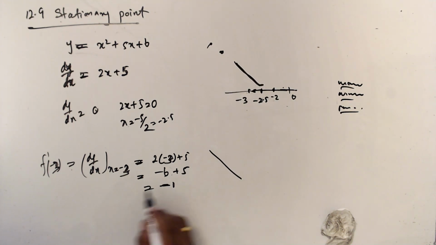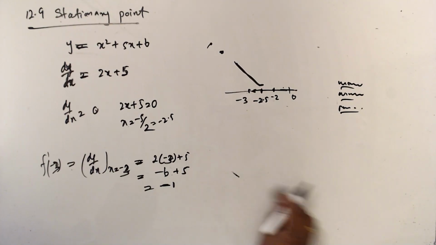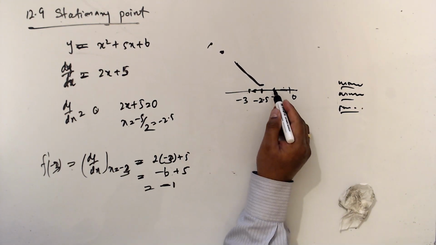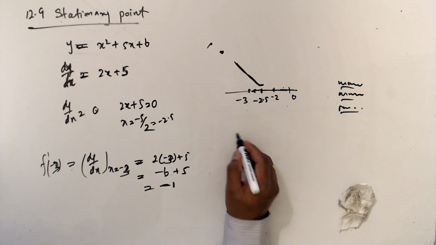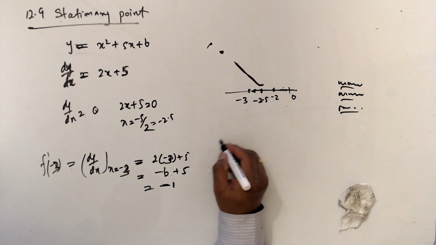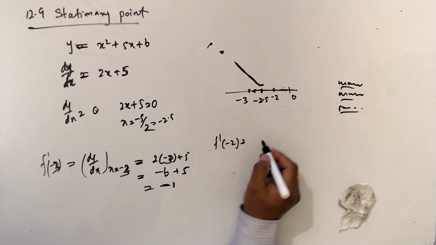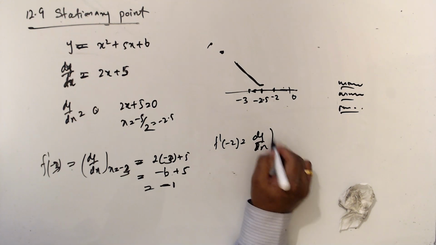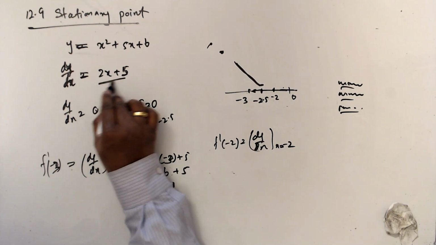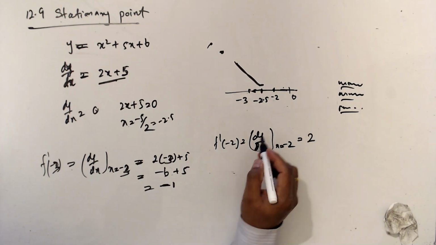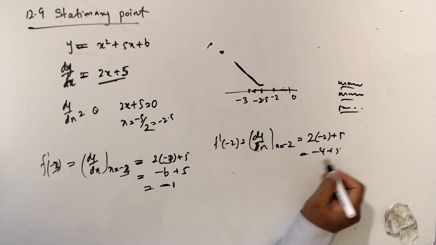Okay, now let's see after this point. We'll take x equal minus 2, or you can take 0, but I will take minus 2 because we can't go that far, very short. So f dash minus 2, or dy by dx when x equals minus 2, both the same. What is dy by dx? This is 2 times minus 2 plus 5, so minus 4 plus 5, plus 1.